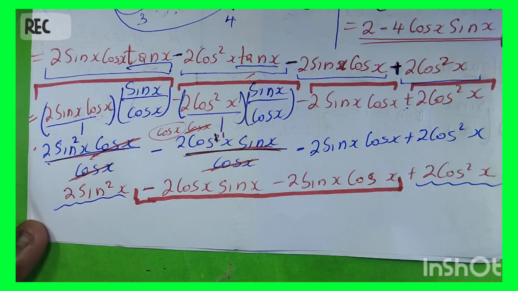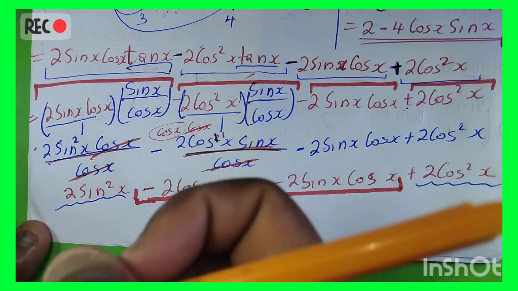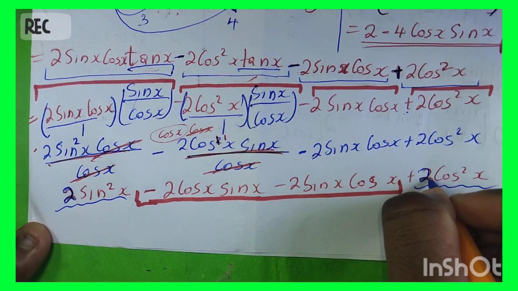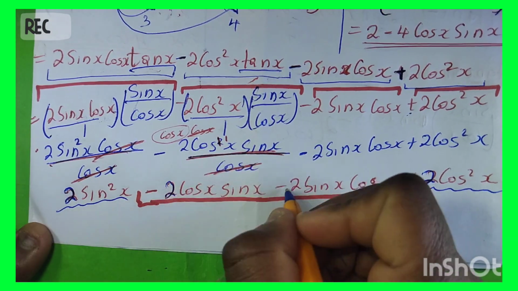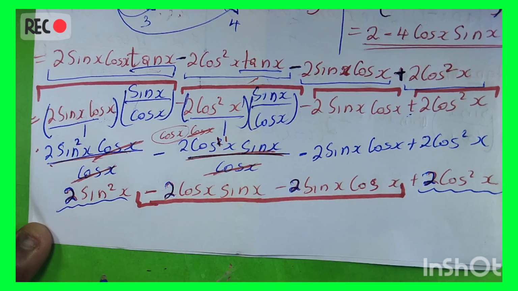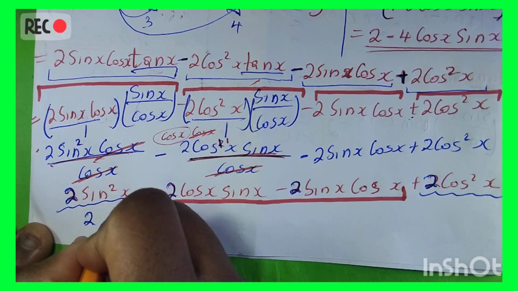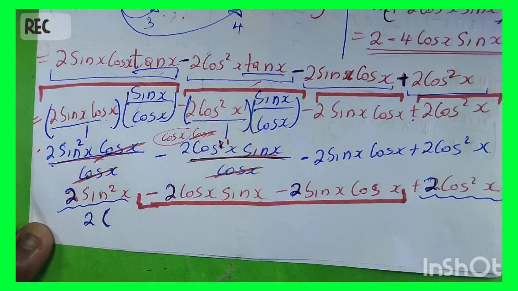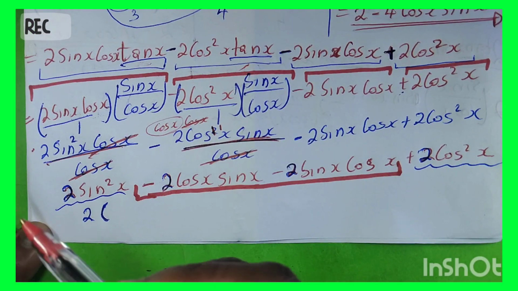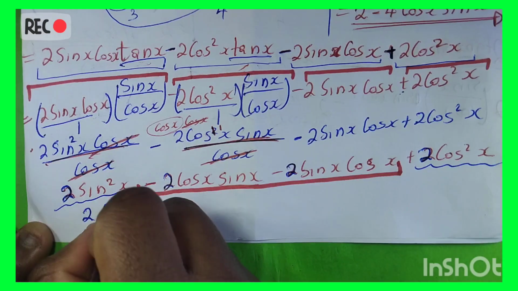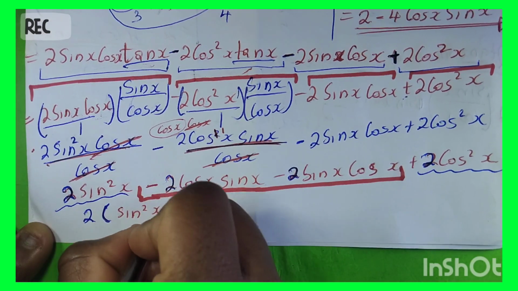So what I will suggest for this question is let's just try to remove this 2 here. That 2 there is common for all terms, meaning I can take it as a common factor. Taking that 2 as a common factor, this is what will happen now. If I take 2 here, I will only be left with sin 2x.